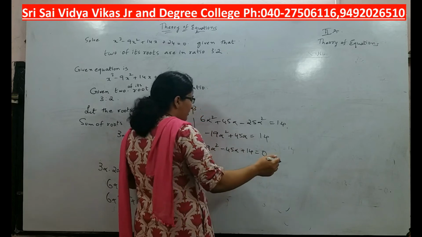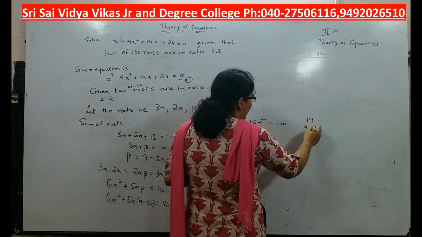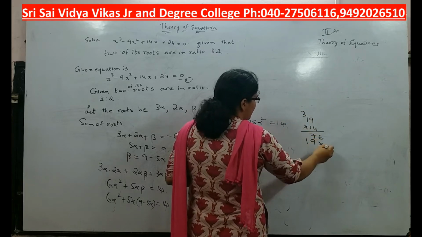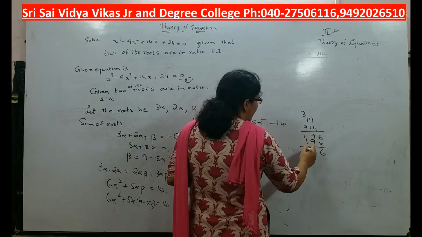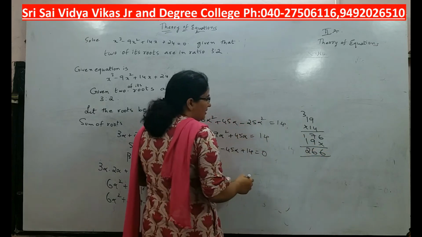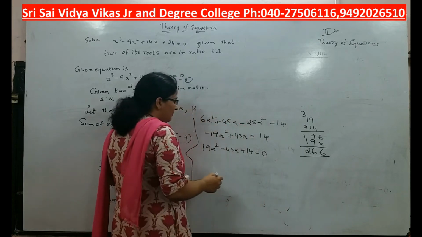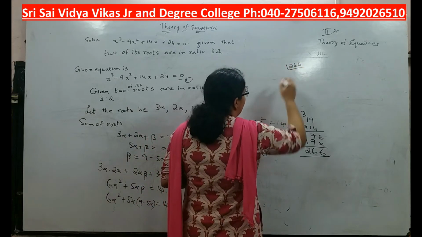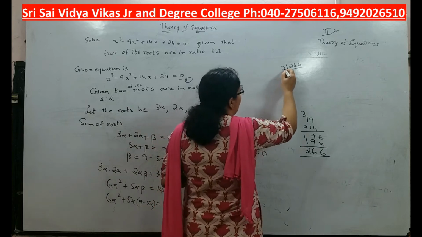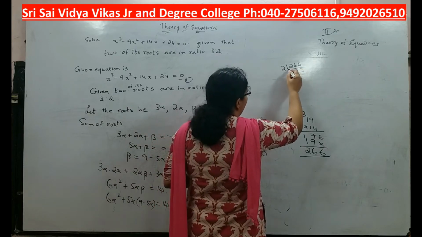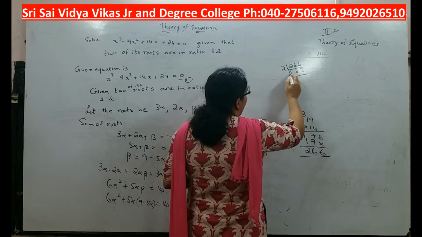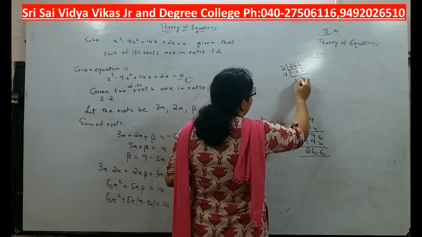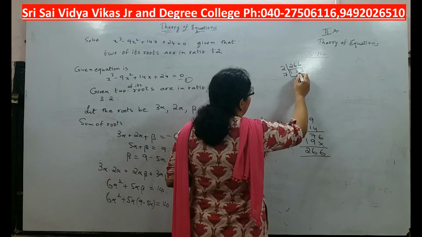Let us find the factors here. 19 into 14 is 266, and here you have 45. Let us check whether it goes in 7. 7 9s are 63.